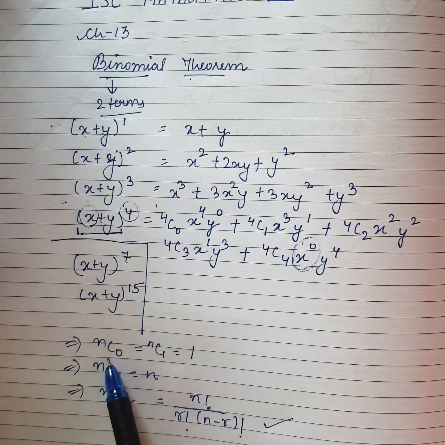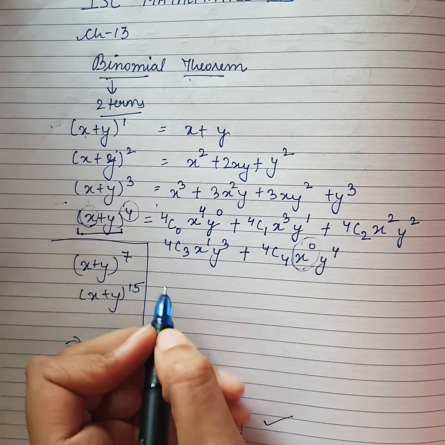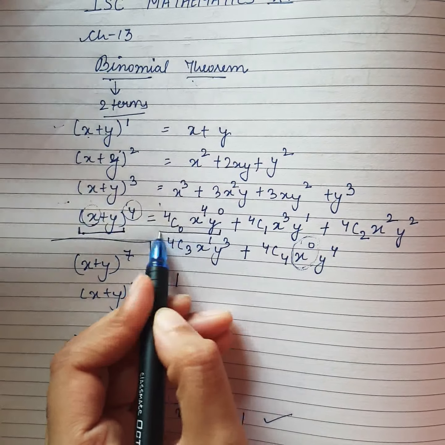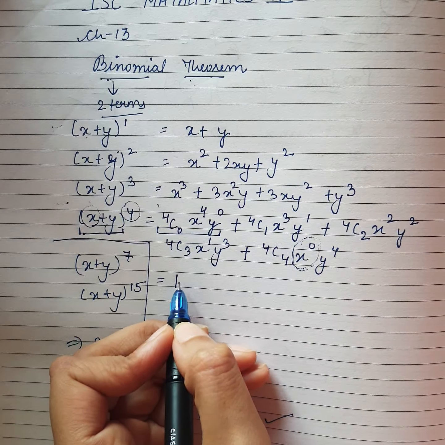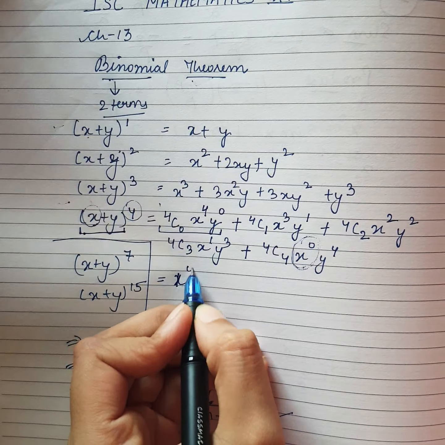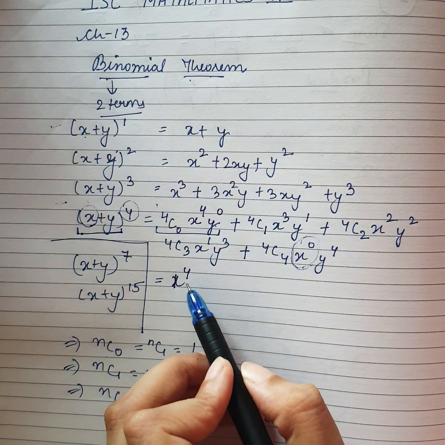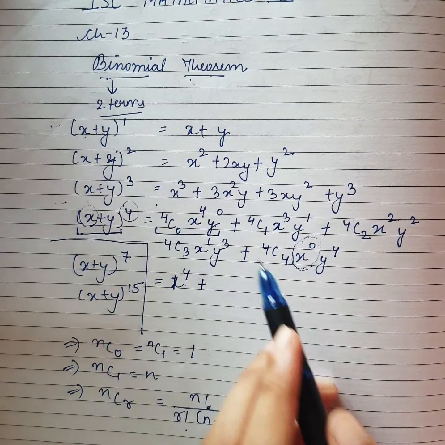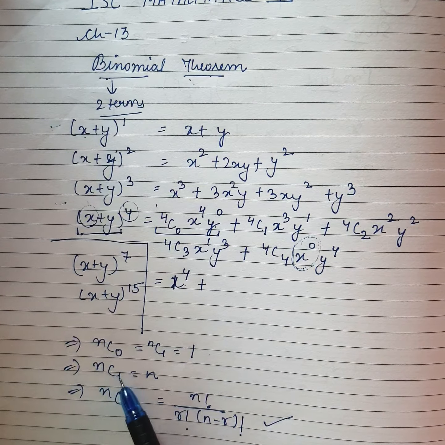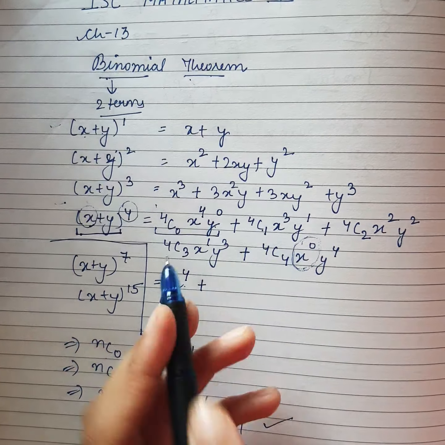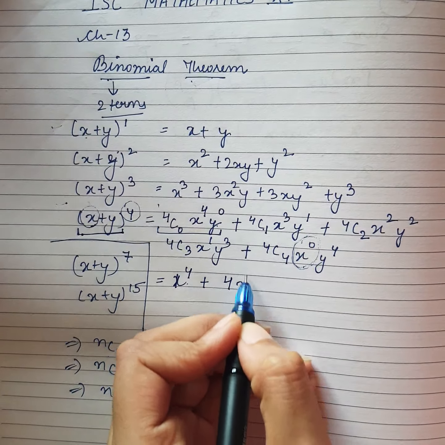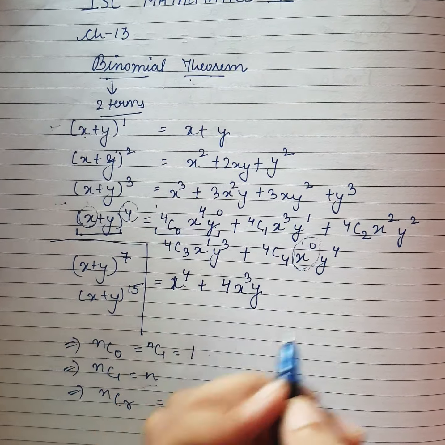Now using this, nC0 is 1, so 4C0 will be 1. This term I am simplifying: 1 into x to the power 4. This is again 1, so only x^4 will remain. 4C1, nC1 will be n, so the term will be 4x cube y.